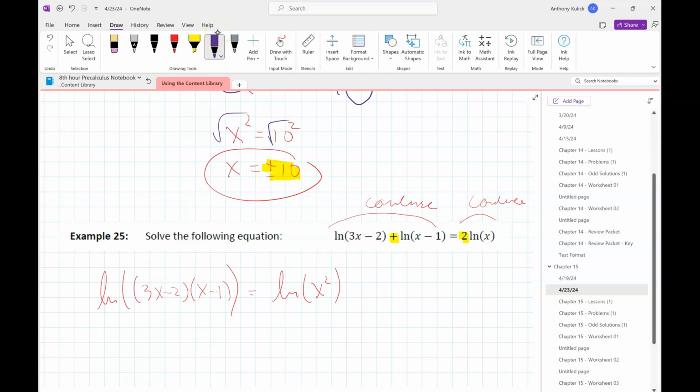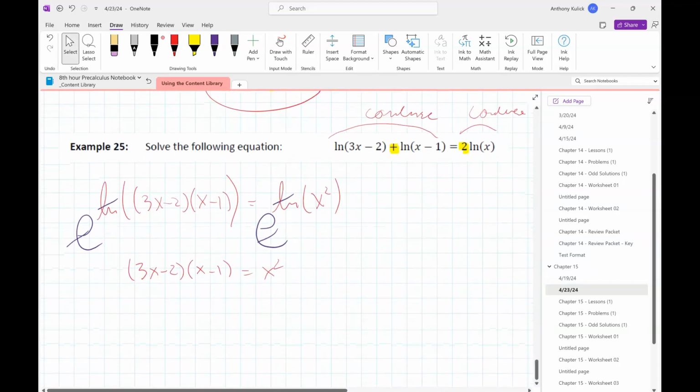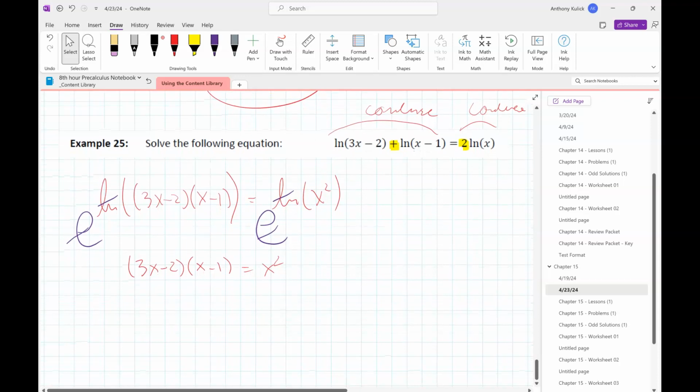What's going to cancel out a natural log? Exponent base e for natural logs. What kind of an equation am I left with here?